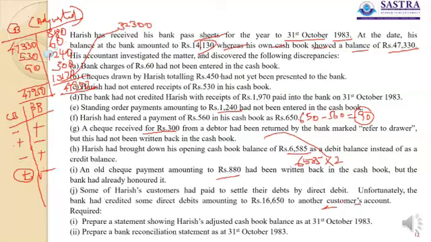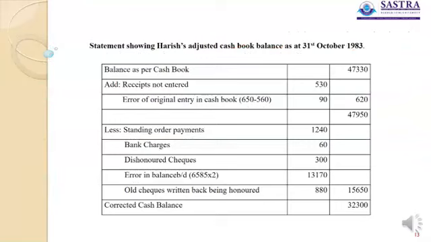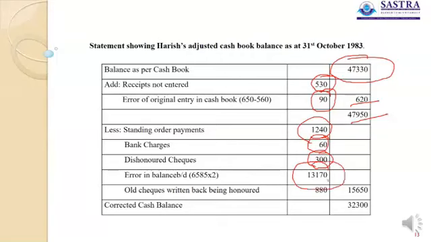Let us see one by one in the main answer what we prepared in the name of adjusted cash book as well as the bank reconciliation statement. See here, balance as per cash book 47,330, and we have taken, as we had done in the previous page, 530.90, so 620, 47,950, standing order payments 1,240, and bank charges 60, dishonored checks 300, and error in balance is also taken twice, and also the checks written back being dishonored.